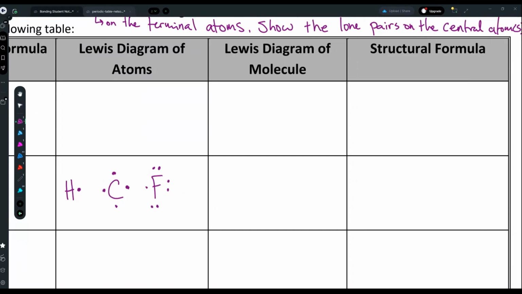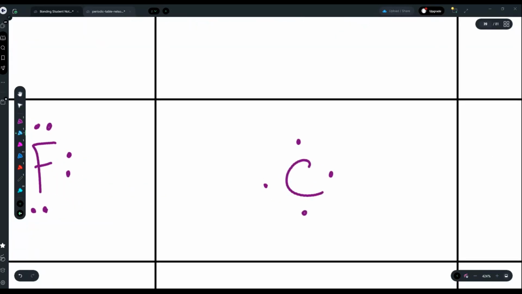So for the Lewis dot diagram of the molecule, since carbon has the most bonding electrons, that one's going to go in the center. And I'm going to strategically place the hydrogen and the 3 fluorines around the carbon. Hydrogen there.